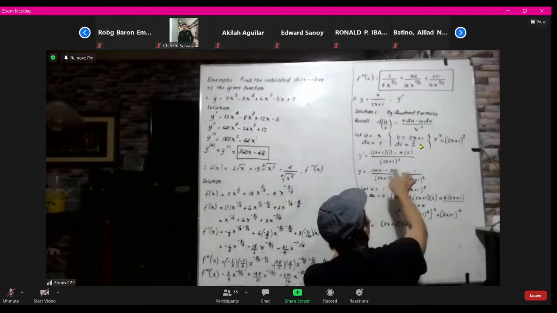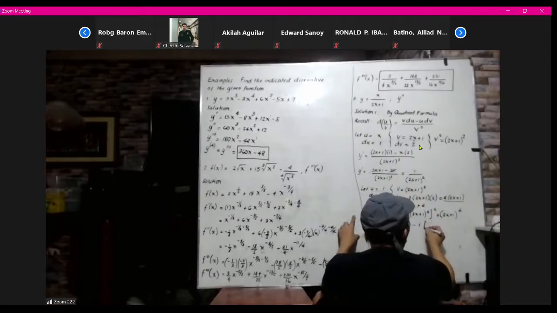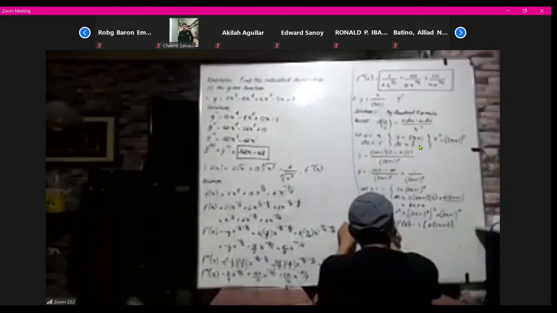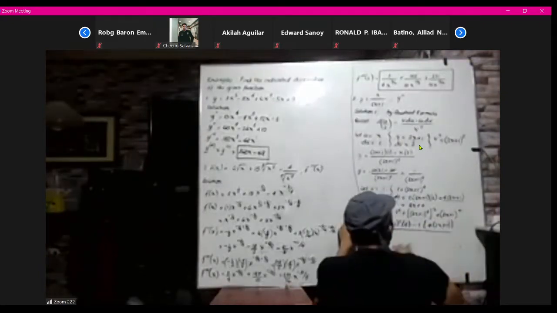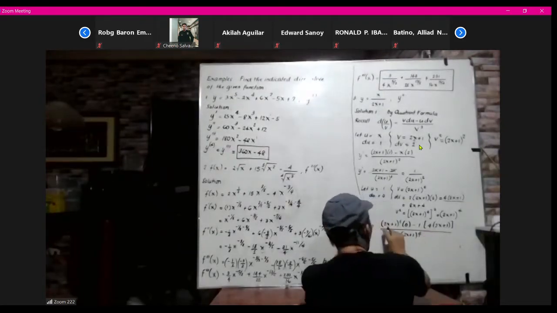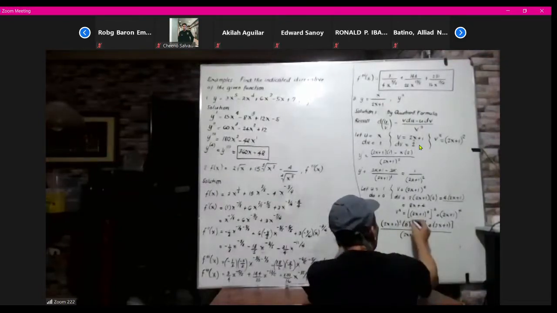Okay? Ano yung dv natin? Ang dv natin ay ito. Pwede natin ilagay ay 4 times 2x plus 1. Okay? Then all over, ito yung v square natin ay 2x plus 1 raised to 4. So ito, 2x plus 1 squared times 0, 0 na yan.